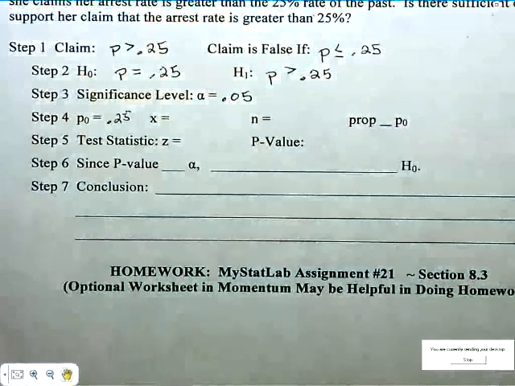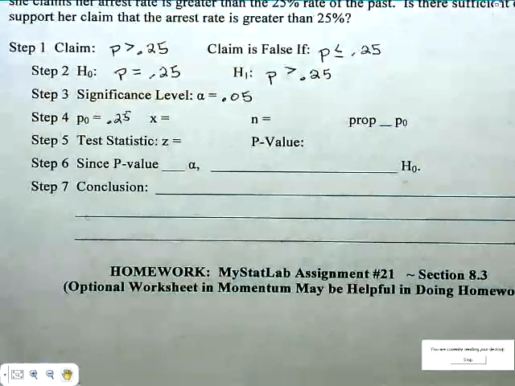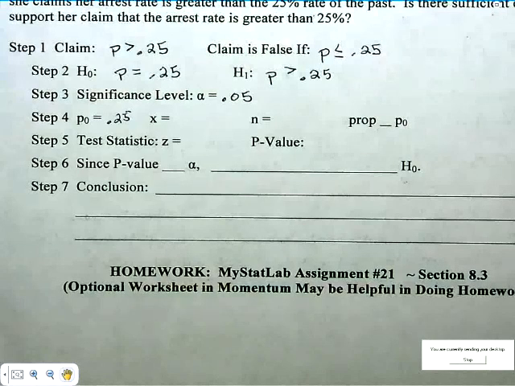What does X stand for? Give me words. Give me the words that I typed for you at the top of the front page. Number of successes. In this case, success would be arrest in a robbery case.